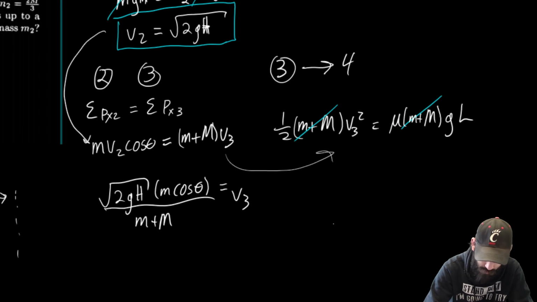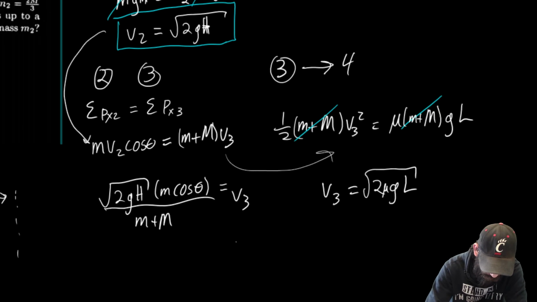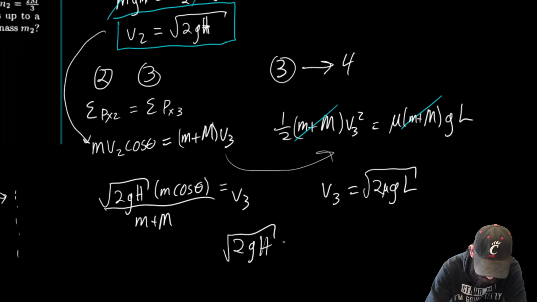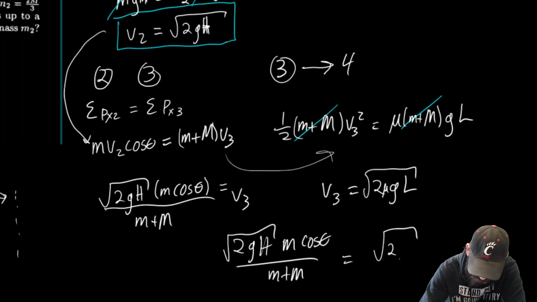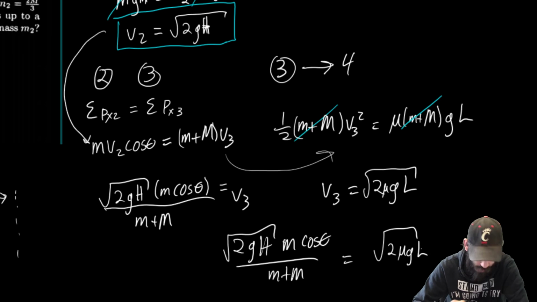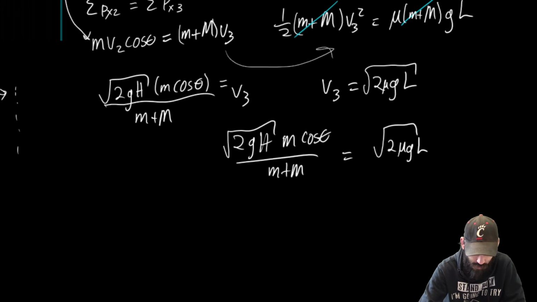So v3. And then we end up having 1/2, and let's do a little bit more rearranging. So v3 is going to be equal to the square root of 2 mu gL. So square root of 2gH times m cos theta divided by (M plus m) is going to be equal to square root of 2 mu gL. Then we can move some things around and square both sides.